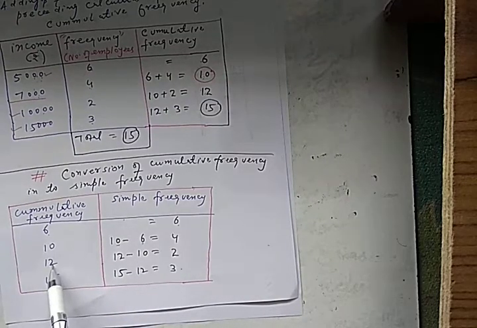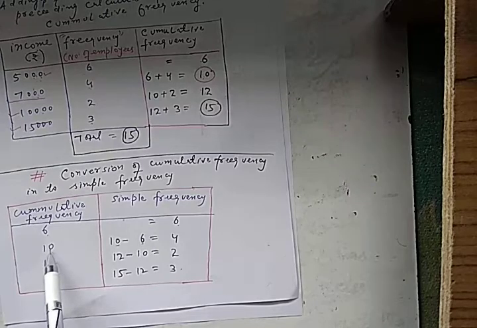Now this is the succeeding cumulative frequency, 12, and we have to subtract the preceding cumulative frequency, that is 10. 12 minus 10 will be equal to 2. Similarly, the last cumulative frequency is 15, and the preceding one is 12. 15 minus 12 will be equal to 3.